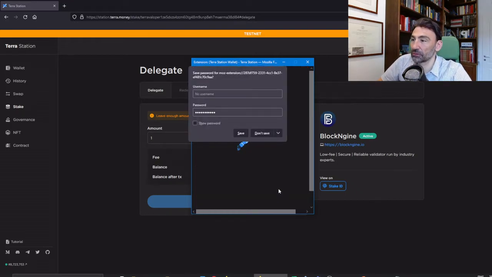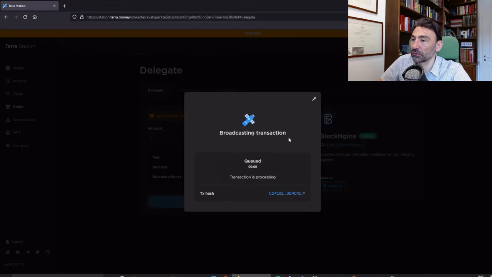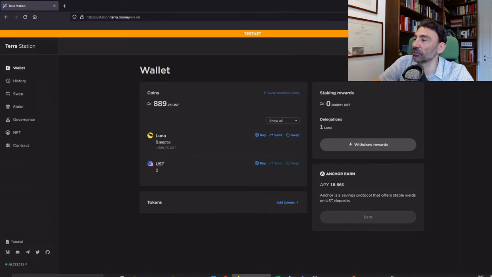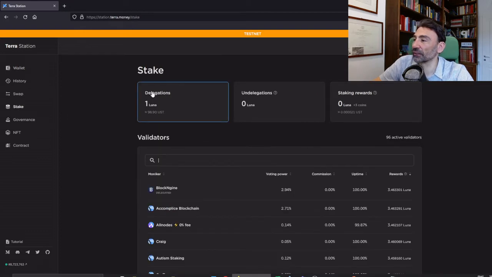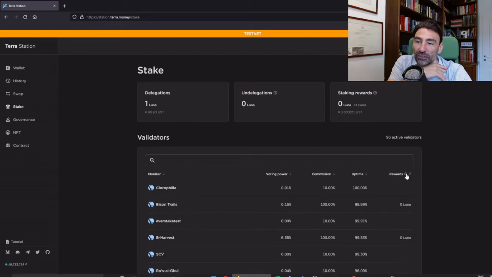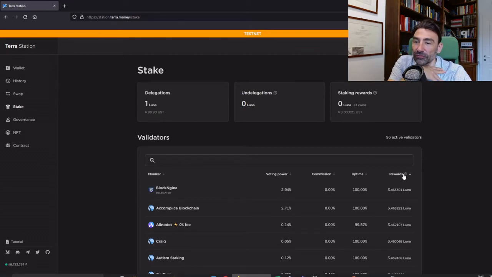Okay, I have currently 8 Luna. Stake. Delegations: 1 Luna. I have delegated 1 Luna. I will earn a reward in the next month of 0.03 Luna. Okay, wonderful.